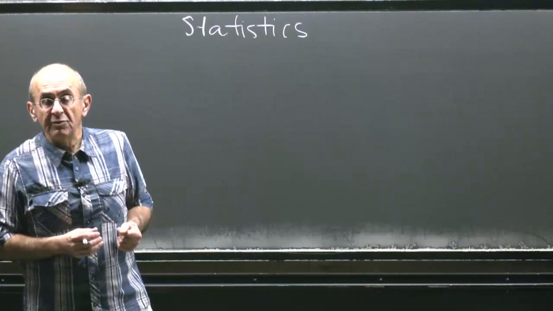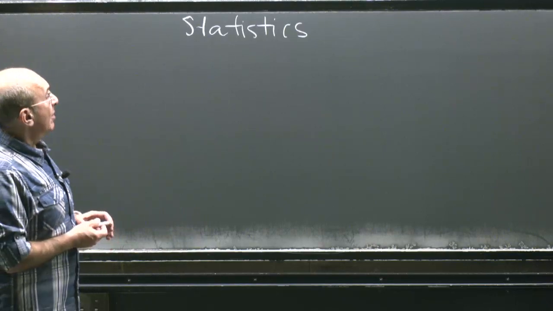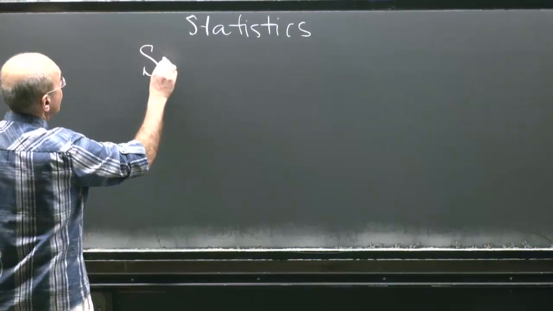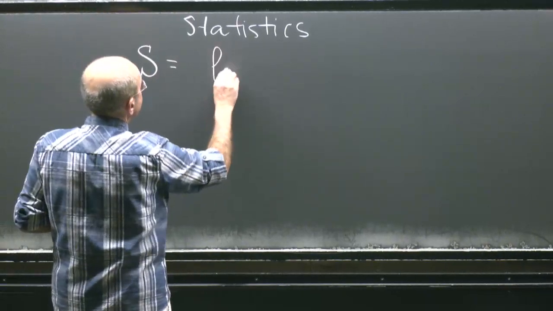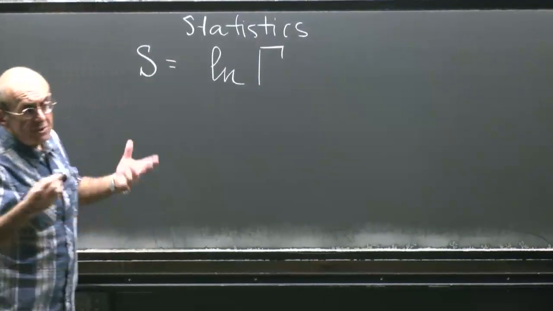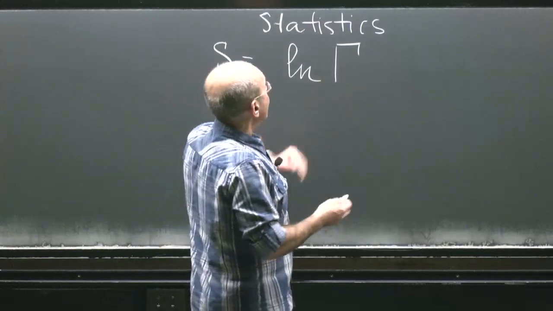For example, we don't know anything, but at least we know what the possible states of it are, and that was a huge step of Boltzmann. We say that the entropy is essentially the logarithm of this, which is traditionally called gamma, the Greek gamma, but it is essentially the number of states.